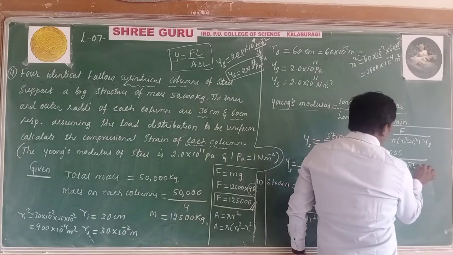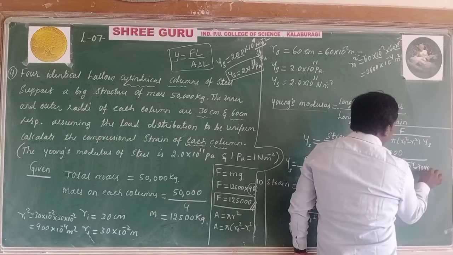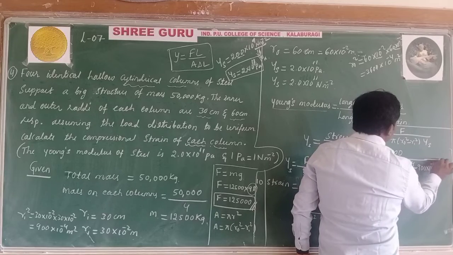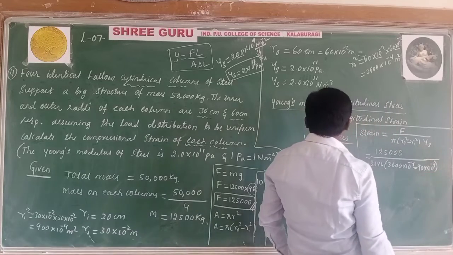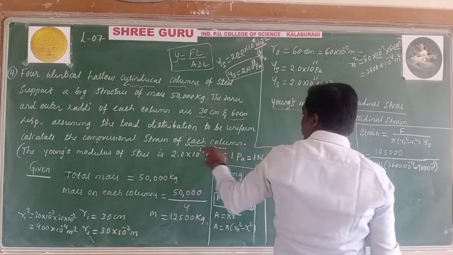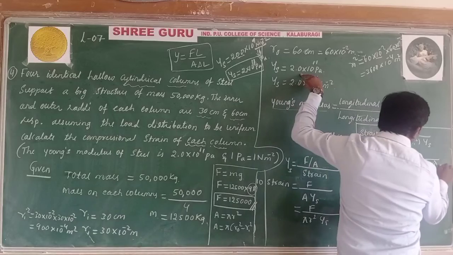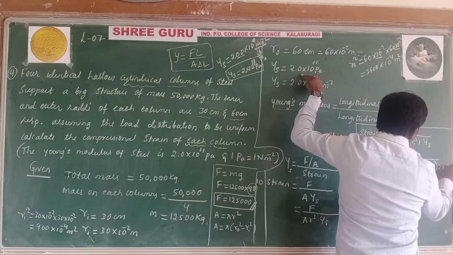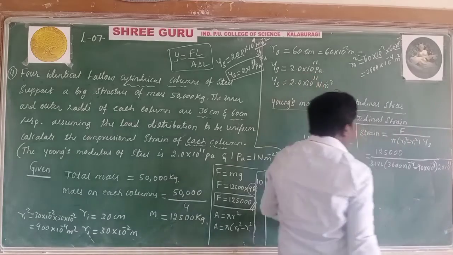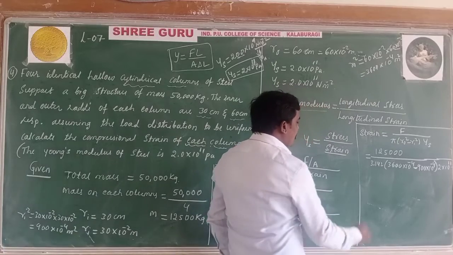Now, what is the Young's modulus of the steel rod? They mentioned Young's modulus 2 into 10 to the power of 11 Pascal or Newton per meter square.